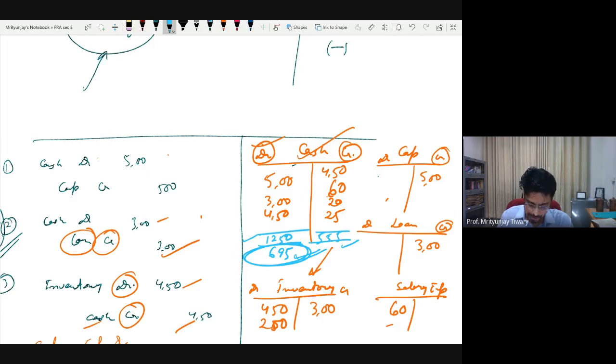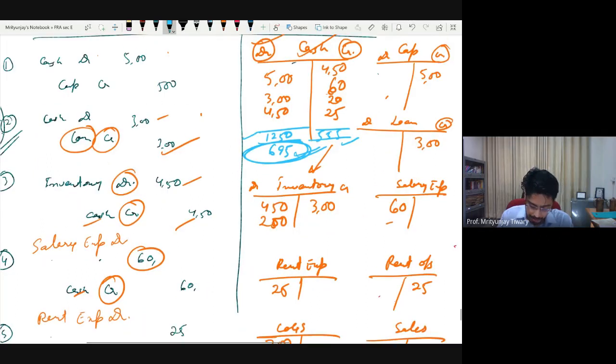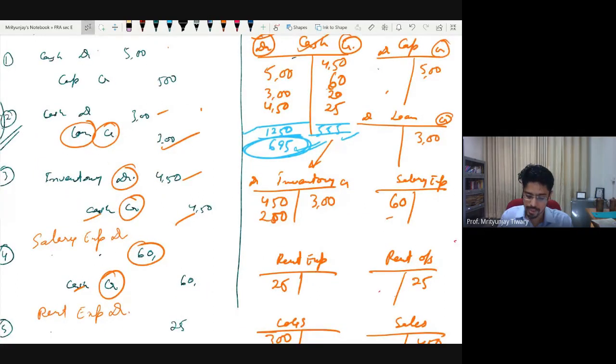Now you would see that basically all the T accounts are telling you in summary what is the amount left in those headings. Because capital has only one item, so 5 crore rupees is left in credit side of capital. Loan has only one item, so that's 300 crore in credit side.